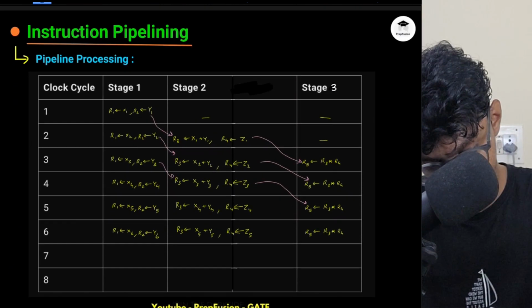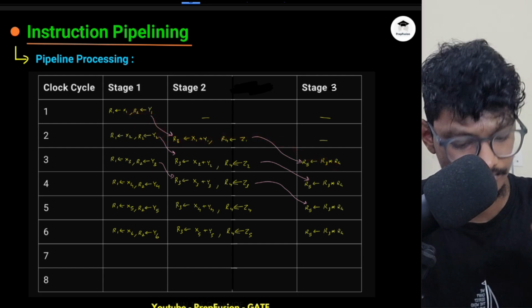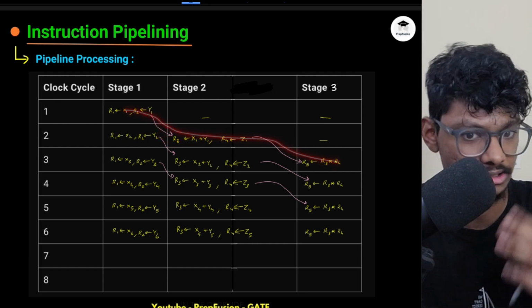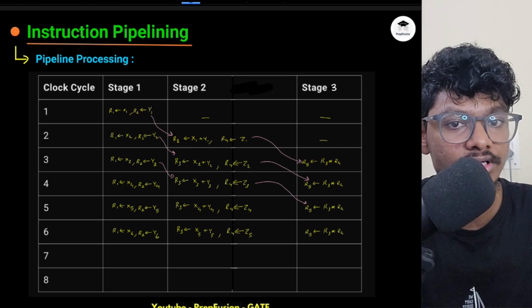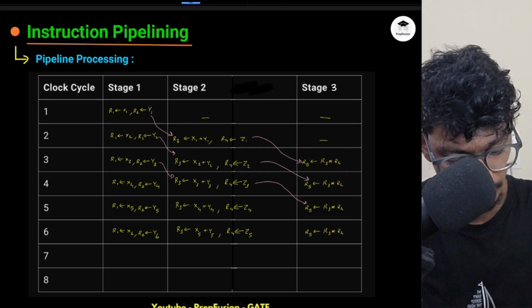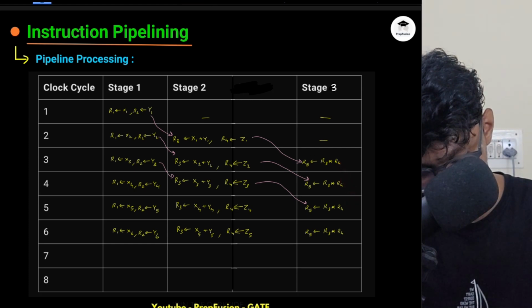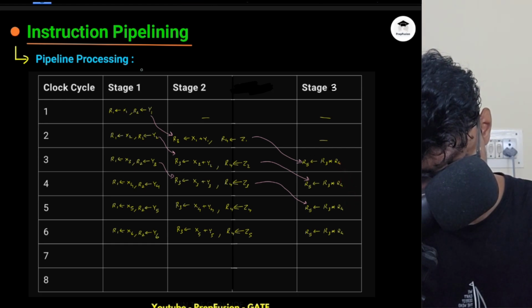For the first time, I am requiring 3 cycles. But afterwards, after how many cycles am I getting a new result? After 1 cycle only. So for the first time, I required 3 cycles.